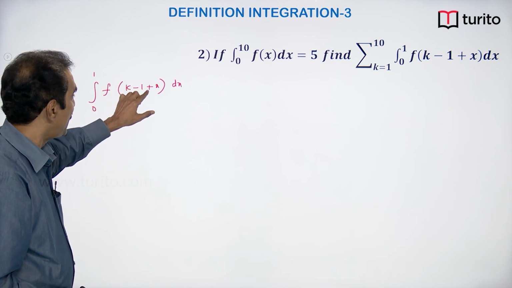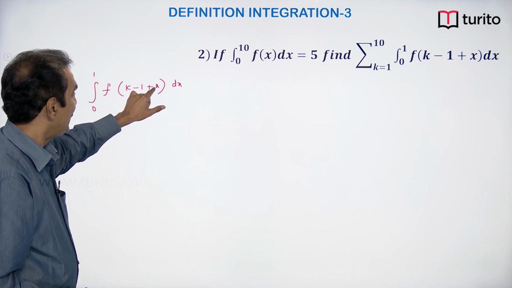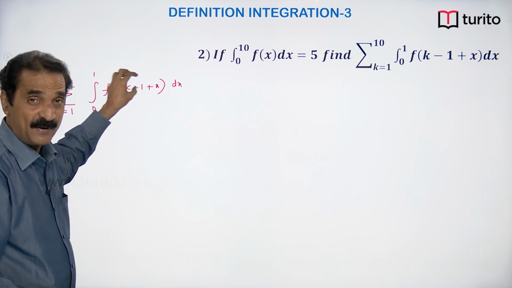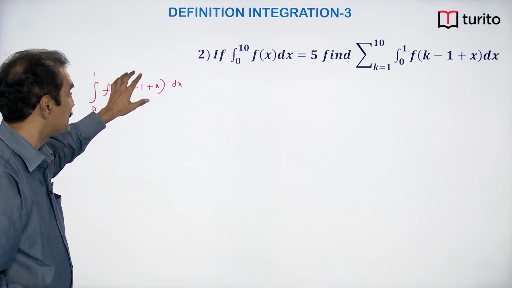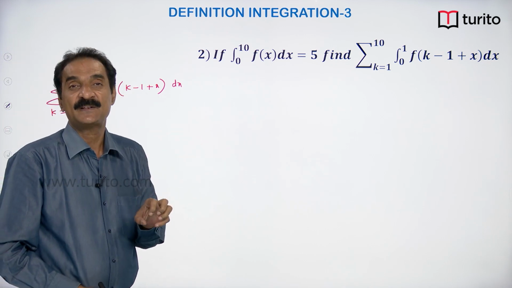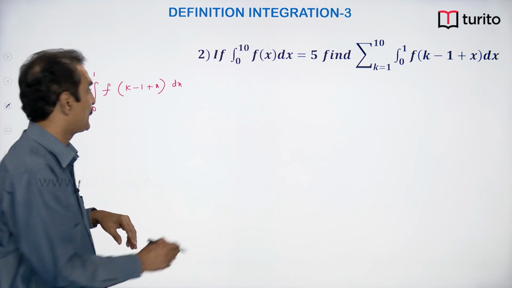I have to replace x by x minus k plus 1. That means I have to subtract k minus 1 from x. If I subtract k minus 1 from x, this becomes f of x. If I subtract k minus 1 from x, we have to add k minus 1 to the limits.